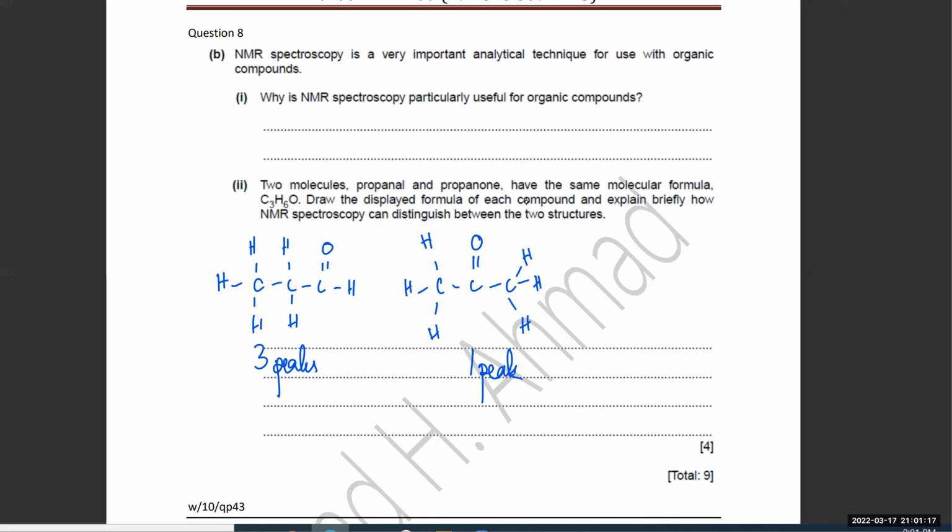And there's going to be a triplet peak. I mean, there's going to be splitting in this. This one is going to be a single peak, no splitting. And there would be splitting in that case. That's it.